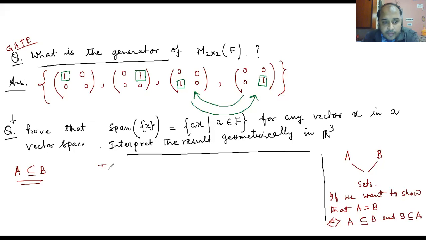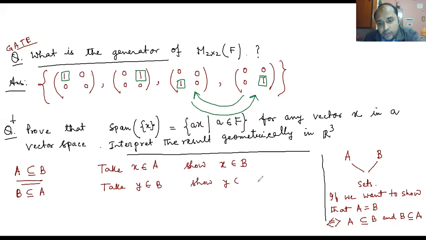Take an element from A and show that it belongs to B. How to prove B is a subset of A? Take an element from B and show that it belongs to A. If you can show it, then together they imply that A equals B. That is the rule of set theory which I'm going to apply over here.